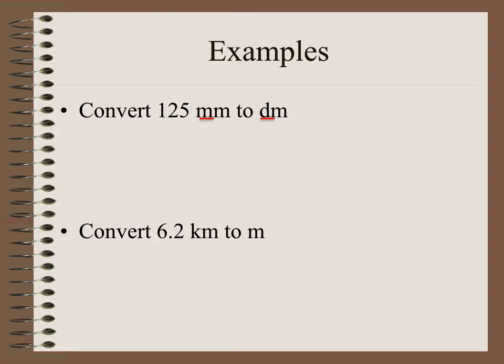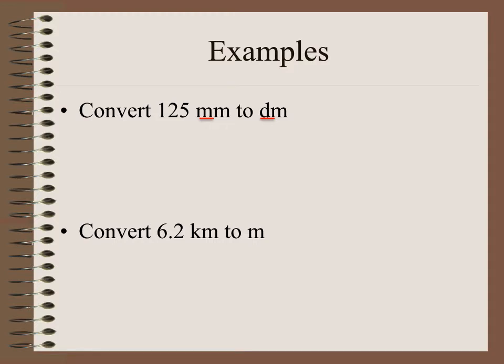Next, in order to convert, we're going to go back and look at our chart. On the chart, in order to go from milli to deci, we would go to the left, centi and then deci, so we'd be going 2 places.